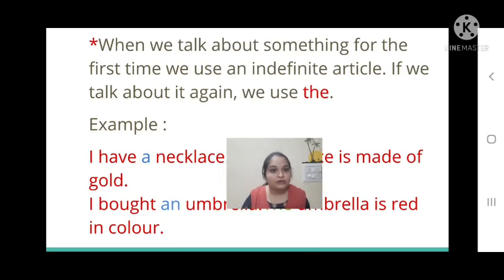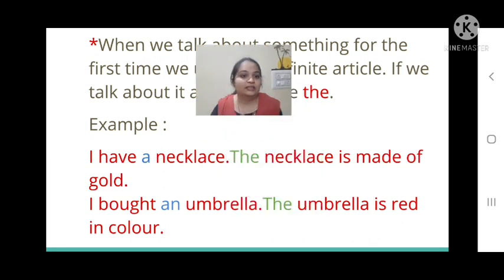And also when we talk about something for the first time, we use indefinite article a or an, depending on the sound of the word's first letter. But when we talk about it again, we use the. For example, see here, I have a necklace. The necklace is made of gold.